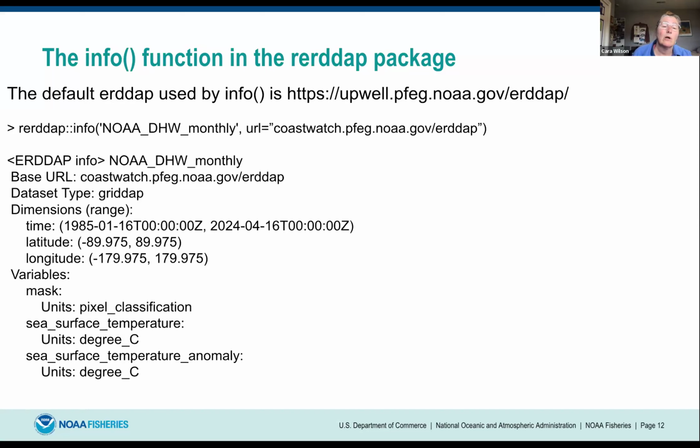Here we're calling info on this sea surface temperature data set. If we look at what's returned, it's telling you the base URL, the type of data set, in this case a gridded data set, the dimensions, both the time and the latitude and longitude, and then the variables that are in there. In this case, there are three variables: the mask, the sea surface temperature, and a sea surface temperature anomaly.